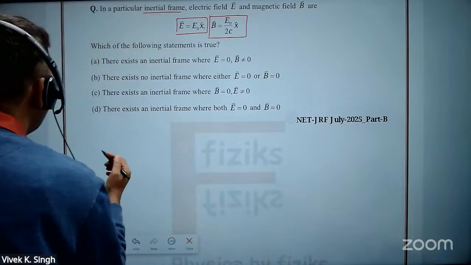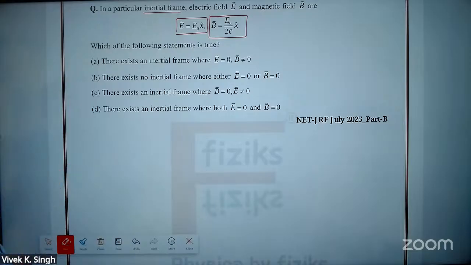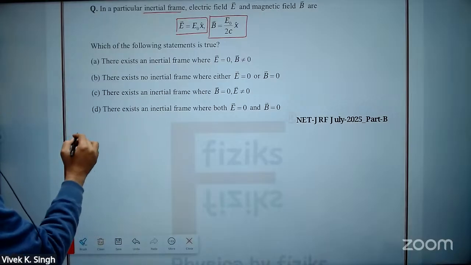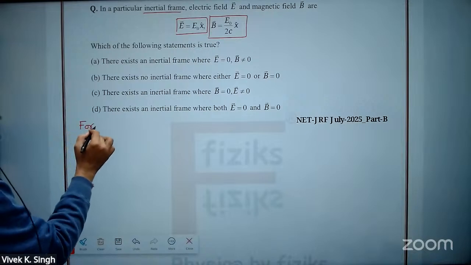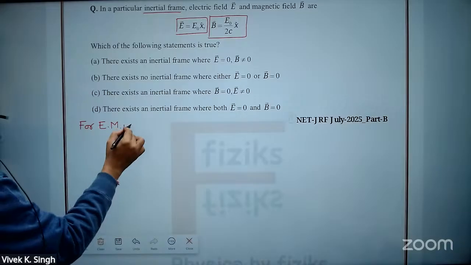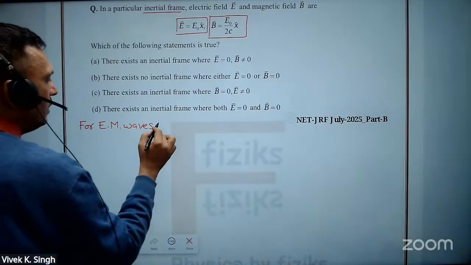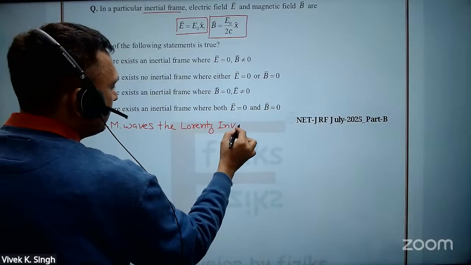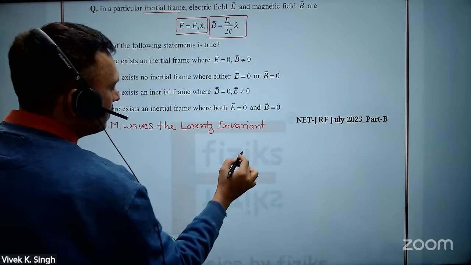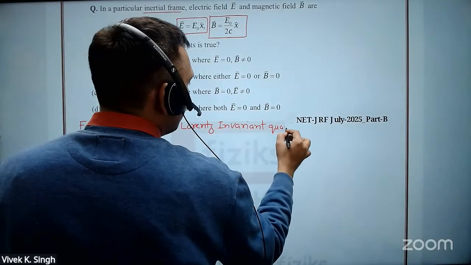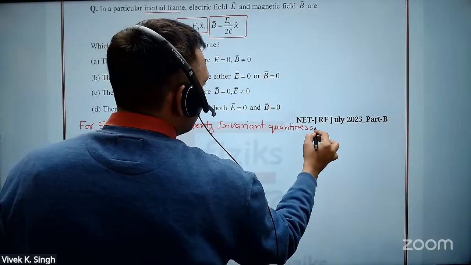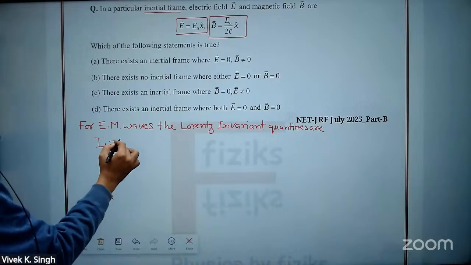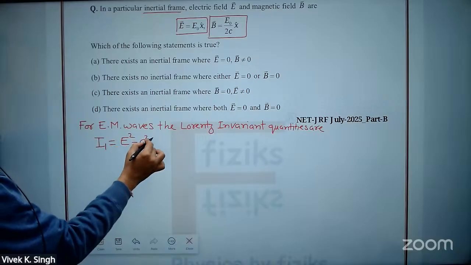So you know that for electromagnetic waves, the Lorentz invariant quantities are: one, call it I1, and that is given as E square minus C square B square.